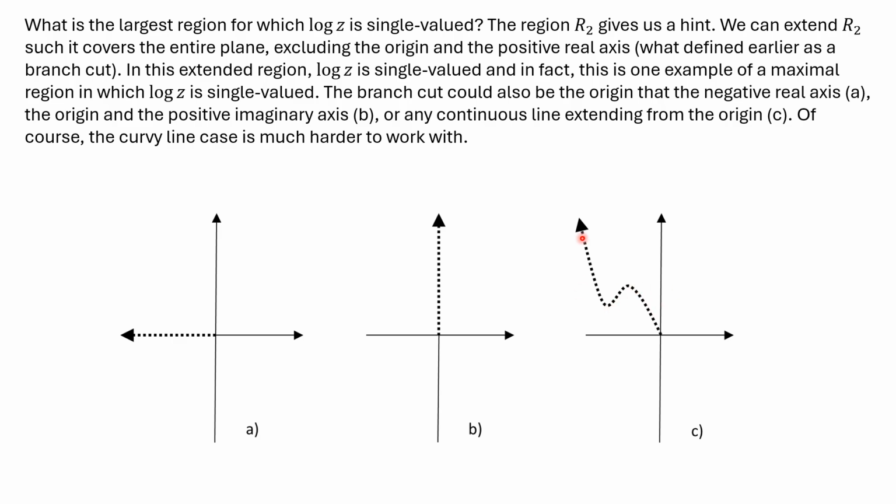As far as I know, this is not used. Normally it's just a ray from the origin, but I want to emphasize that you could have a branch cut like this. What's common in each case is the branch point is included as part of the branch cut, and everything other than the branch cut and the branch point consists of a region where log z is single valued and well defined.